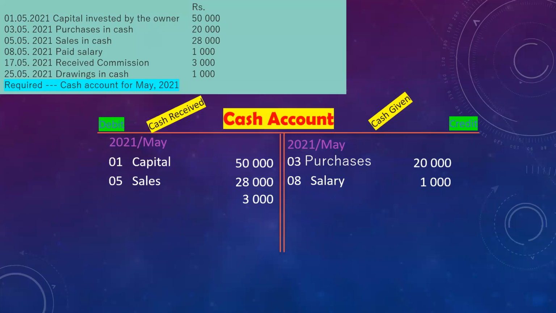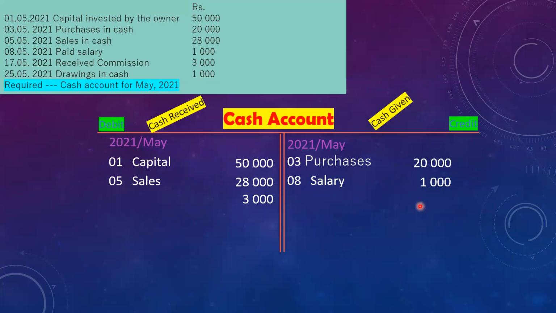Commission. Very good. Akif, tell me, what do you write? Commission. Very good. Who else can say? Hakim: Sir, commission received. Okay. Hanza, tell me, which side?